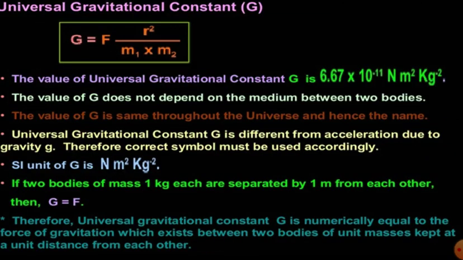Now let's see about the universal gravitational constant denoted by capital G. Don't get confused between this capital G and small g, okay. This capital G is the universal gravitational constant and its value is equal to 6.67 into 10 to the power minus 11 Newton meter square per kg square.